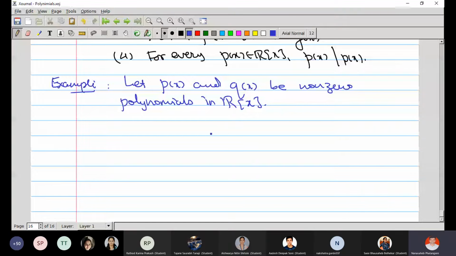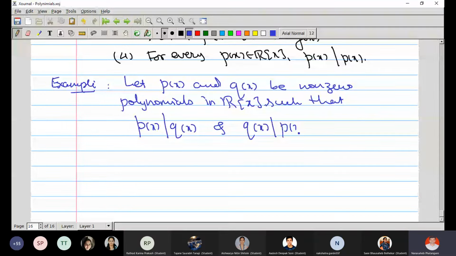So p and q are non-zero polynomials in R[x] such that p(x) divides q(x) and q(x) also divides p(x). So what can you say about such polynomials?